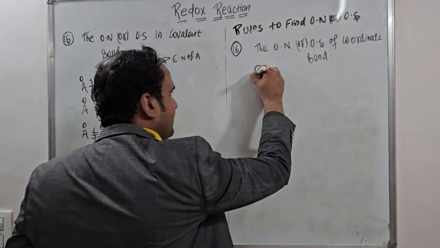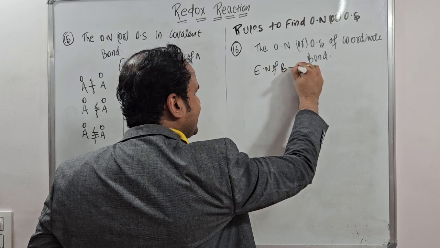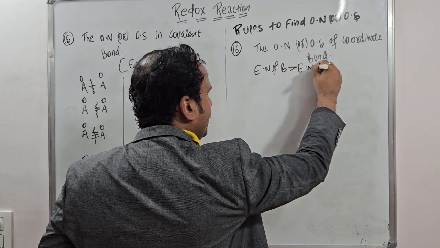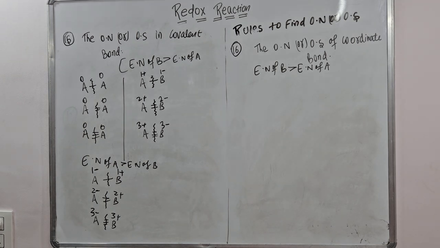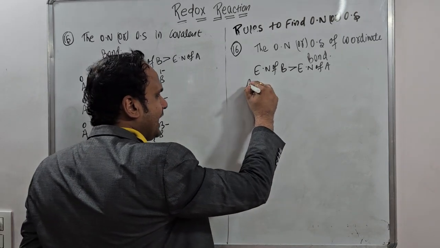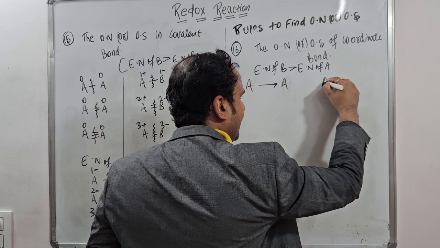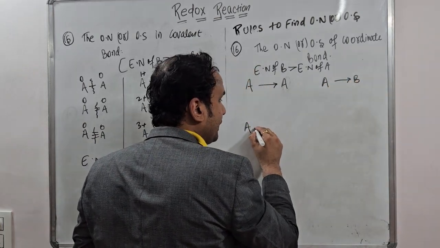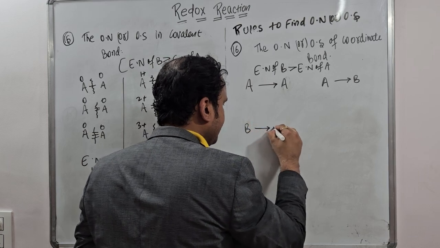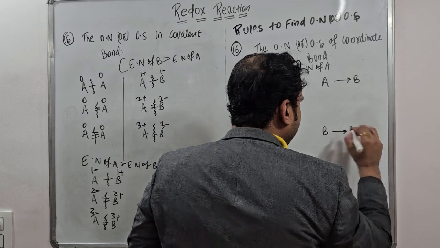In coordinate bond, if I give you electronegativity of A or B, suppose B is greater than electronegativity of A. Getting it? Right first. So if I am taking the same thing, suppose we will have A coordinate bond with A, A coordinate bond with B, B coordinate bond with B, then B coordinate bond with A like this.